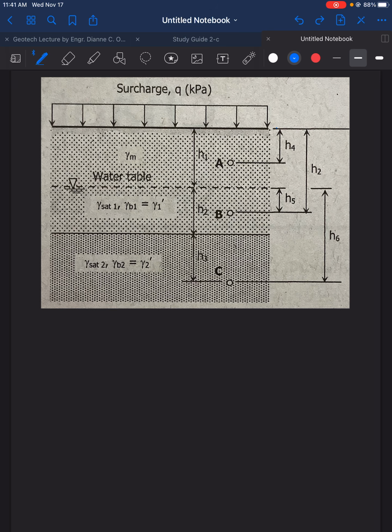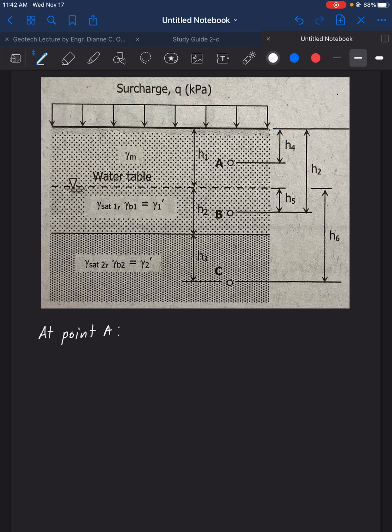Okay? And considering that this layer has a surcharge or an extra load above it, Q, that is in kilopascal. Okay?